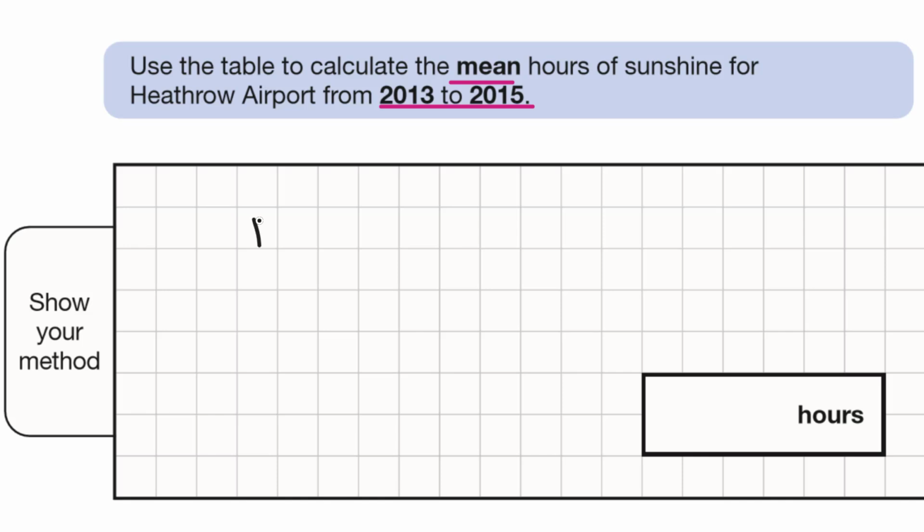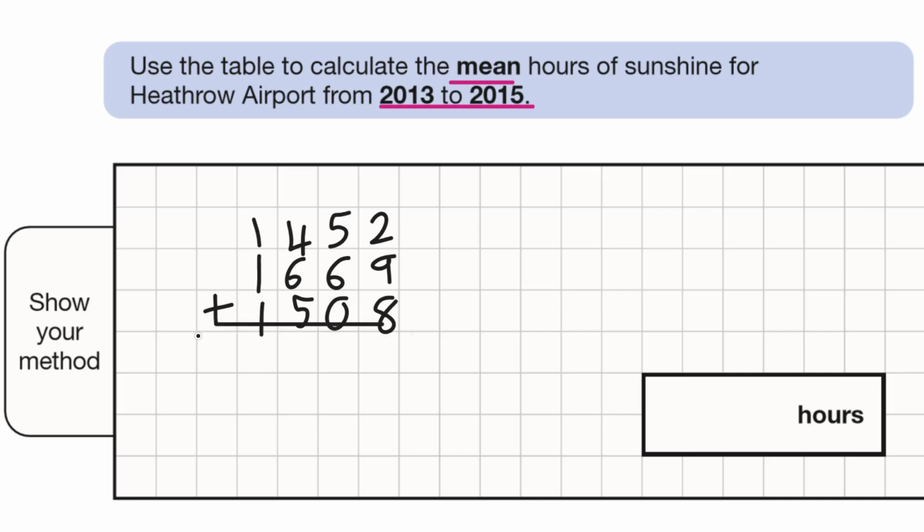So we've got 1452, 1669 and 1508. Those are the 3 sets of data for hours of sunshine from 2013 to 2015, and we are just simply going to add these up.